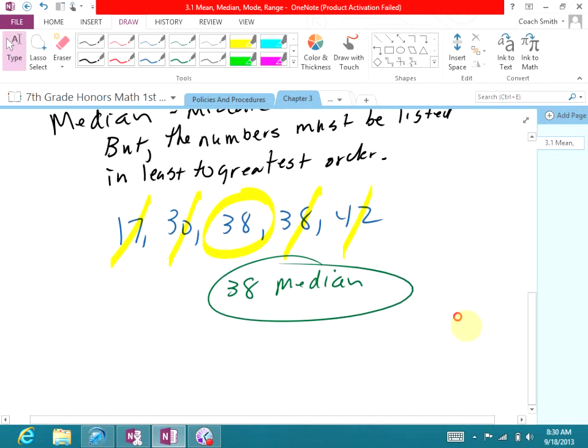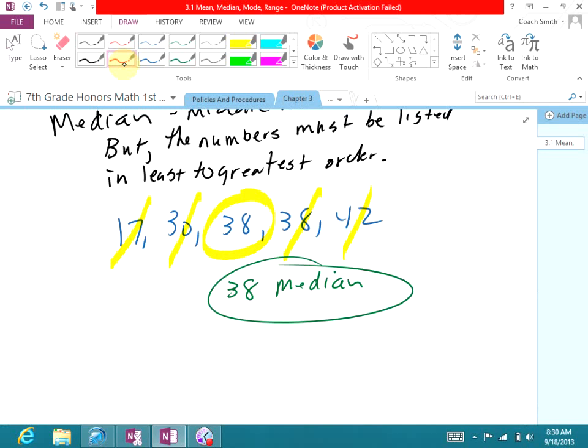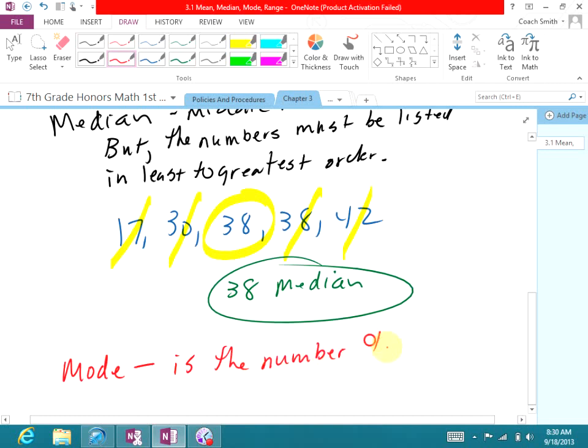All right, now the mode is the number that occurs the most.